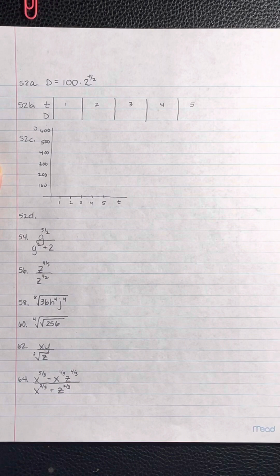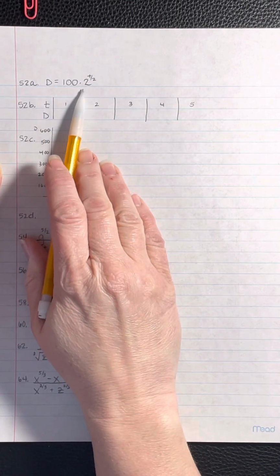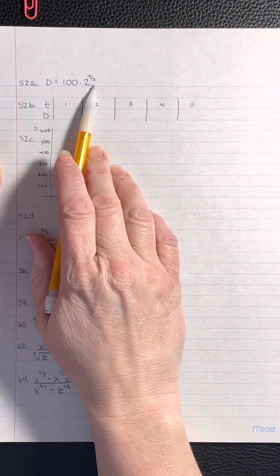Number 52. Okay. 52 says, a population of 100 deer is reintroduced to a wildlife preserve. Suppose the population does extremely well and the deer population doubles in 2 years. Then the number of deer after t years is given by d equals 100 times 2 to the t over 2.